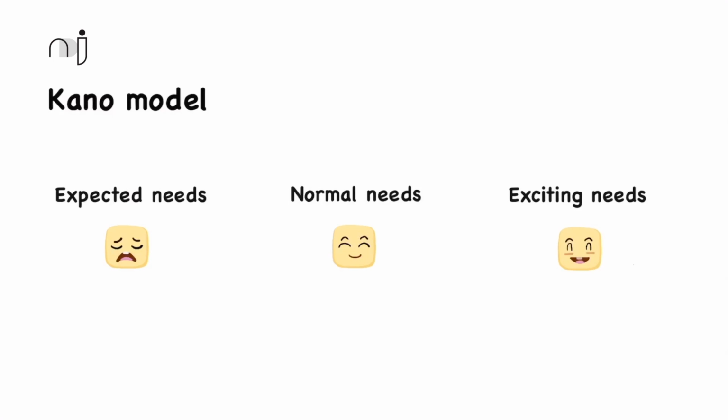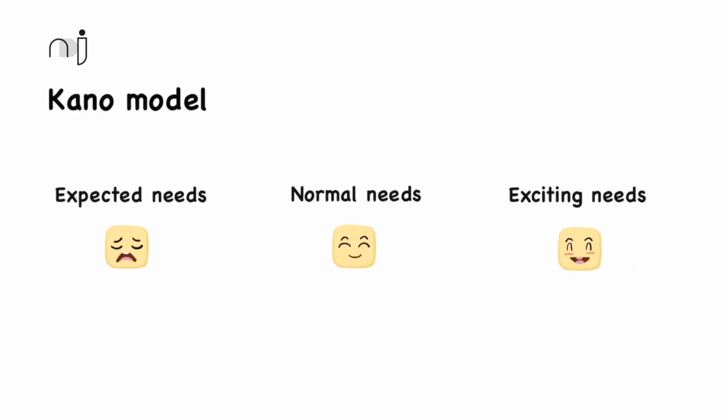Expected needs are fundamental. If they are not met, they lead to dissatisfaction among your target customers, potentially causing them not to purchase your product. Normal needs act as satisfiers, increasing customers' happiness when fulfilled.